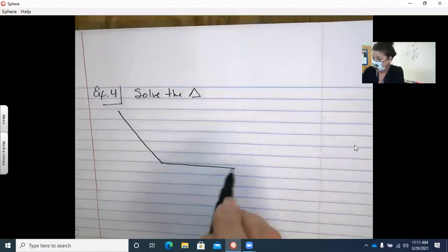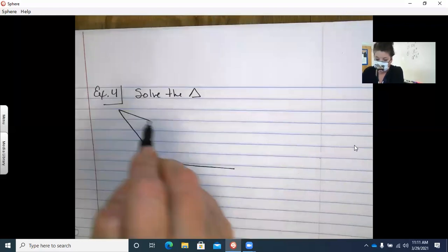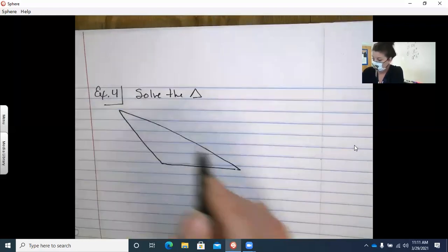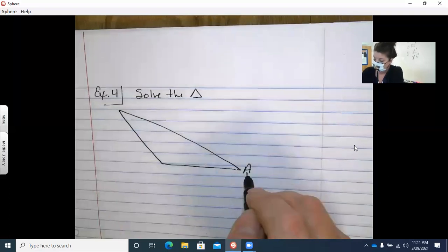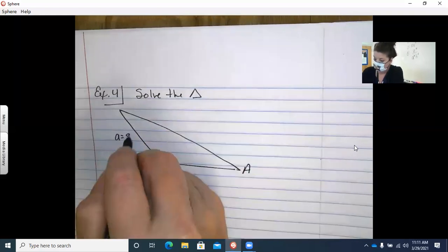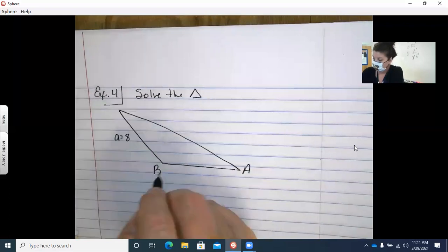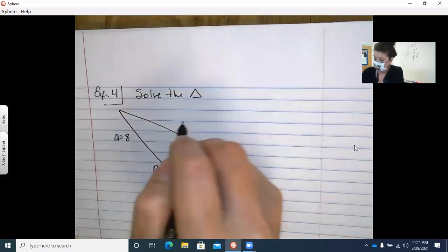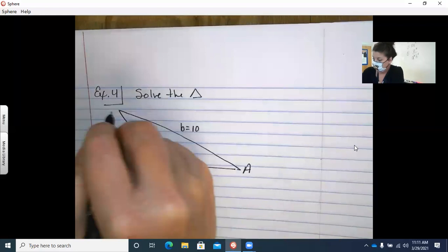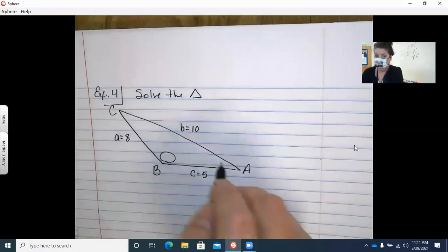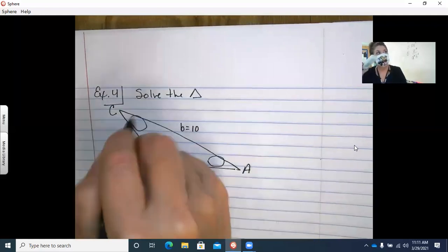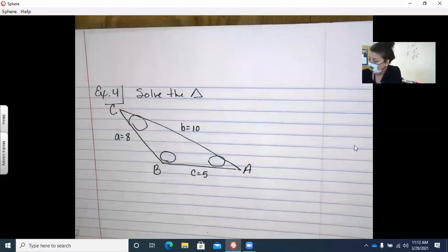Remember, not drawn to scale. Do this on your own. We will compare.